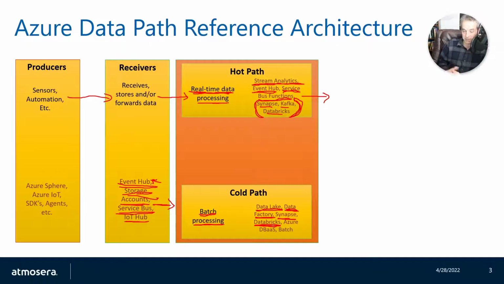Then, of course, Databricks is another one of those that you can use for batch processing if you like that ecosystem. Databricks has a lot of tools and a lot more control over the data itself. So you can bring a lot of different programming languages to Databricks, including Java. You can do Python. It's got its own SQL-like language for doing data processing.